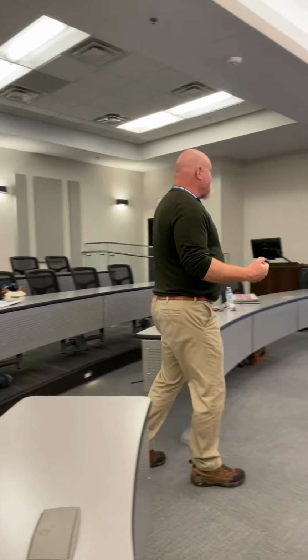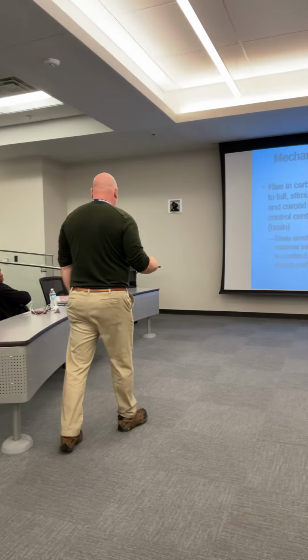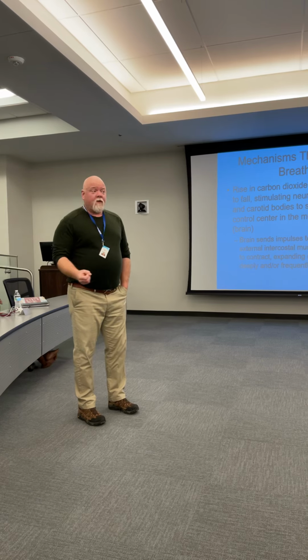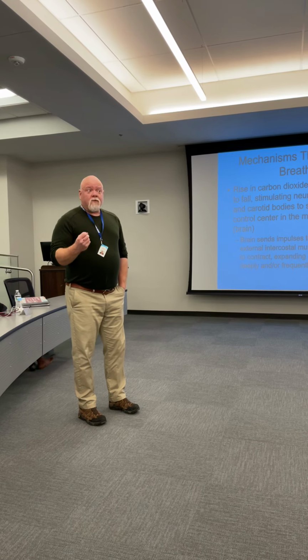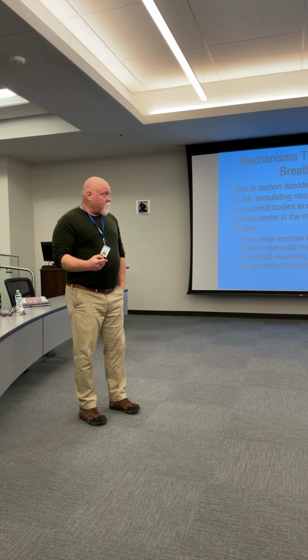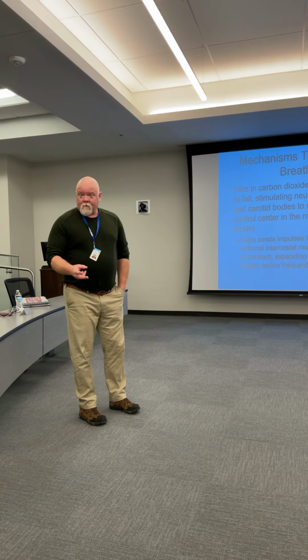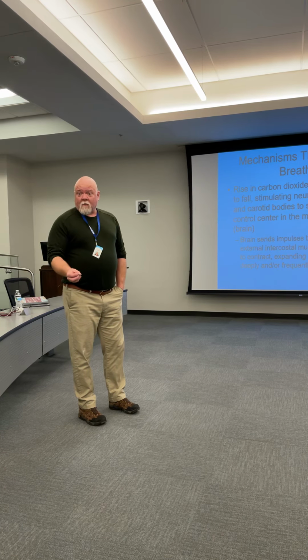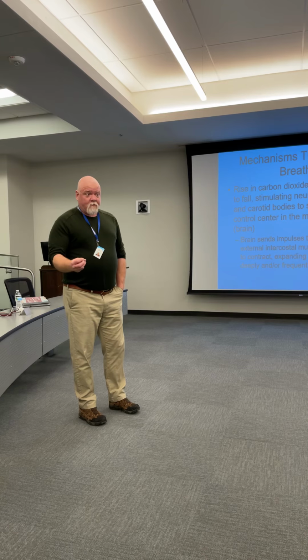The medulla receives this information, it sends down and targets the things that we can regulate for our breath. We need to make our volume bigger. How do we make our volume even bigger? Increase muscle contraction. And we can regulate the frequency at which we take our breath, so we can do it even faster.